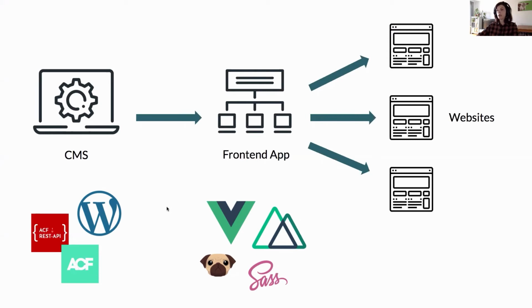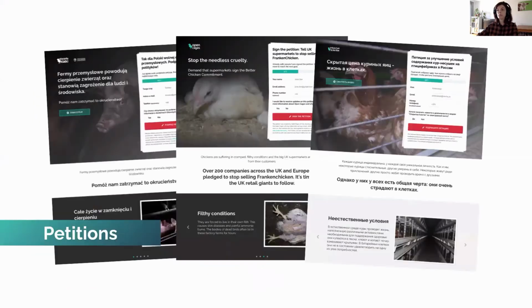Now I want to show you a little bit of examples. So first we have petition templates. They are optimized for, well, basically converting well.